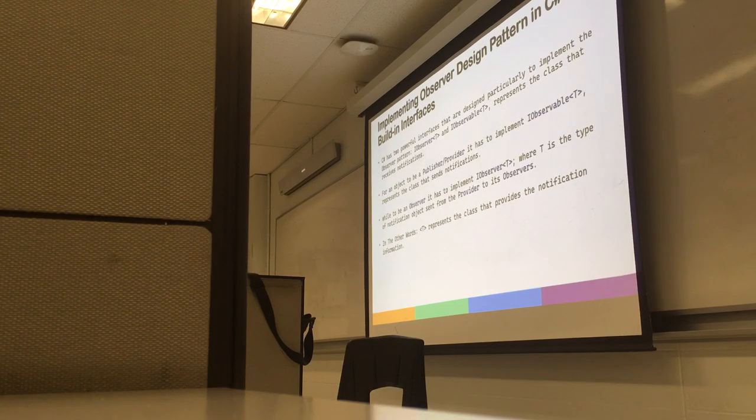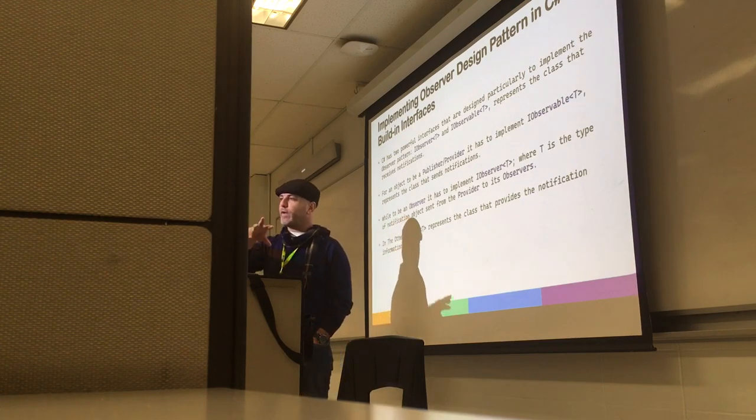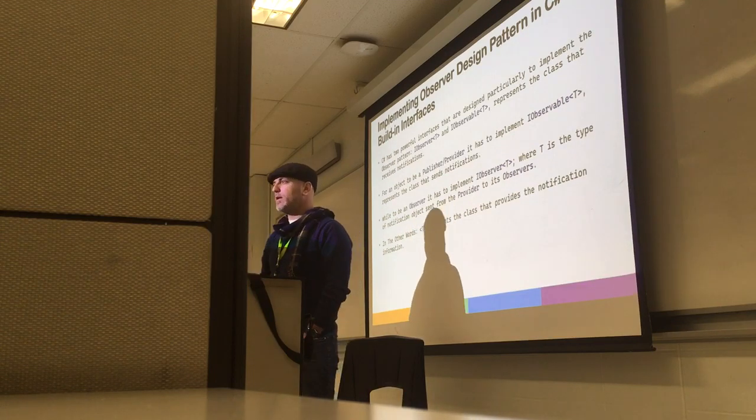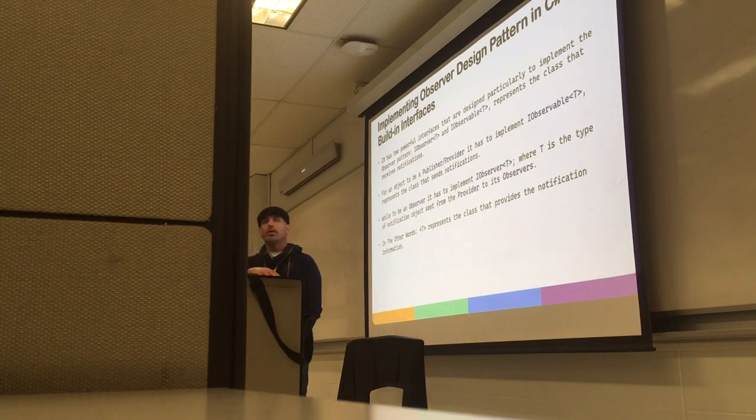IObservable is the interface implemented by the publisher or provider class. The T represents the class used to store data, just to store the notification. So T will be replaced by this class, which represents the class that receives the notification for an object.